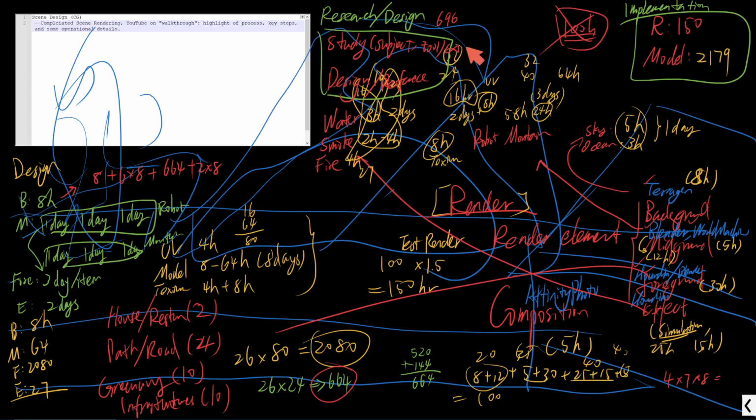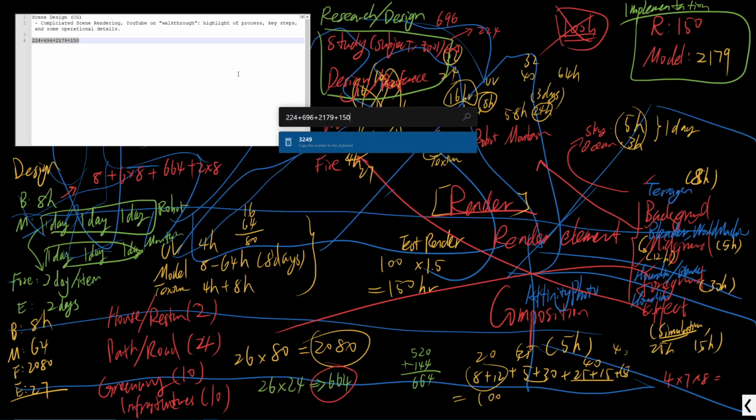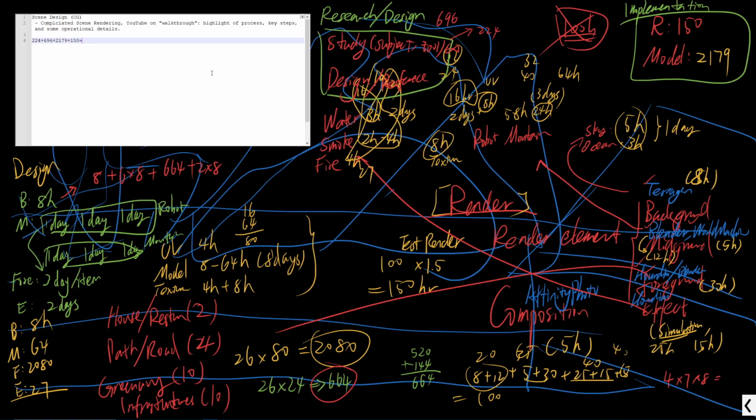So we have 224 hours. Now the total hours is going to be research and design 224 plus 696, and implementation 2179 plus 150, which gives a total of this much hours.